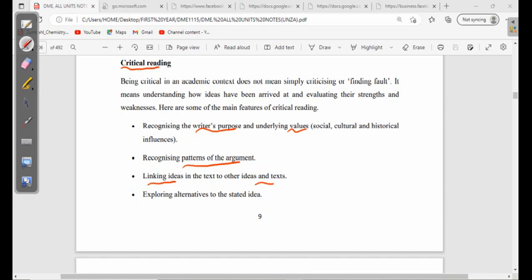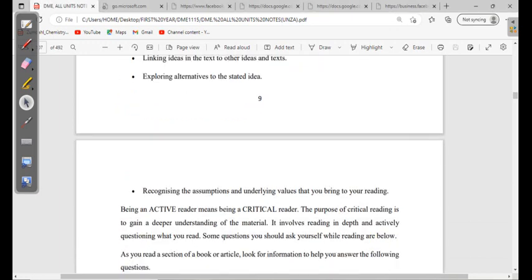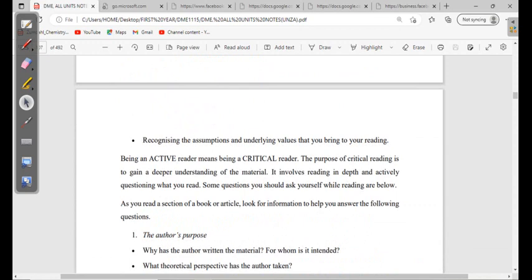Are they agreeing with other things you have read before? That is a critical reader. You are relating things that you know to what you are reading, and also exploring alternatives to the stated ideas. If something has been put forward, what are some of the other things that you can add apart from what you've just read? That is being a critical reader.